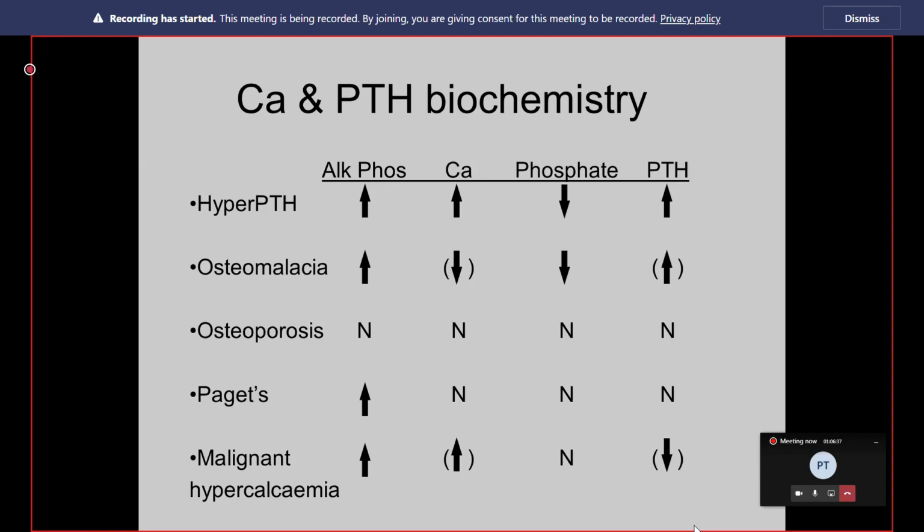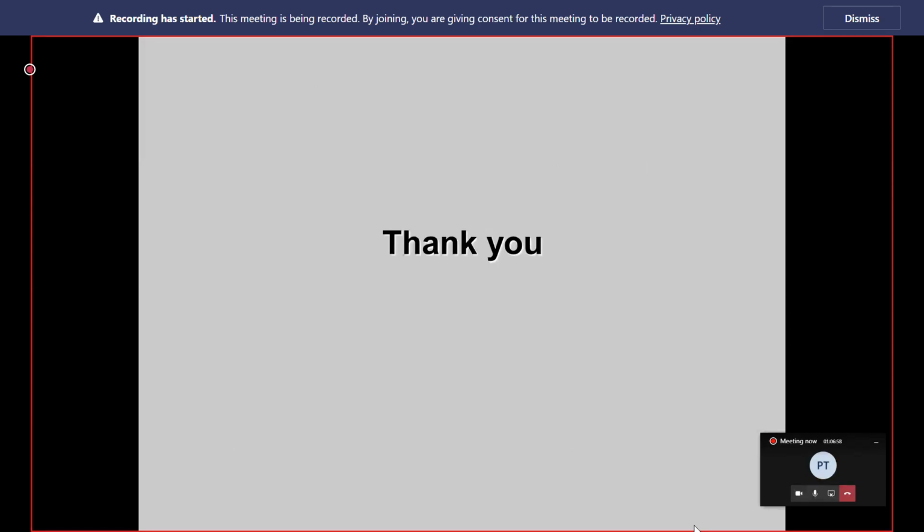You can differentiate hyperparathyroidism from malignant hypercalcemia by the PTH measurement, whereas in osteomalacia you get a low calcium as opposed to high calcium in hyperparathyroidism and malignant hypercalcemia. I'll finish with that.